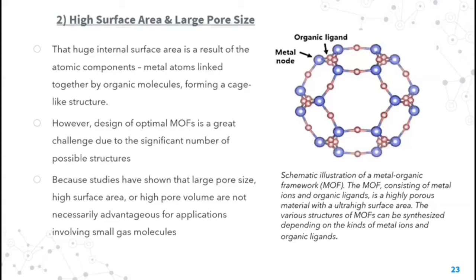Studies have shown that large pore size, high surface area, or high pore volume are not necessarily advantageous for applications involving small gas molecules. You can see the schematic illustration of a metal organic framework.